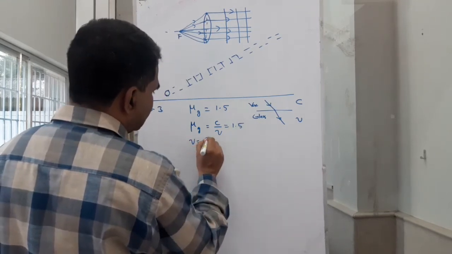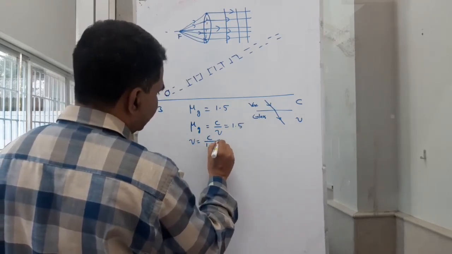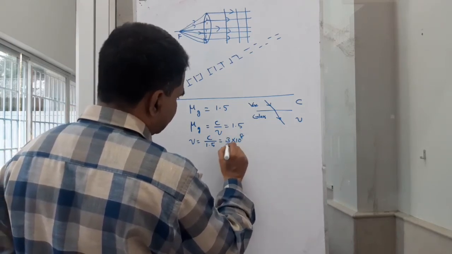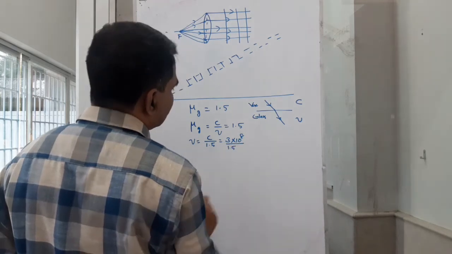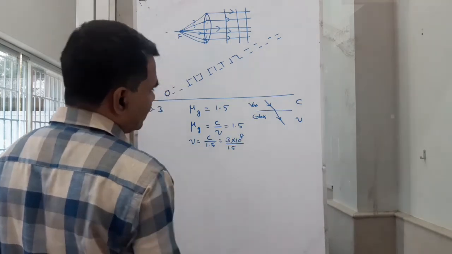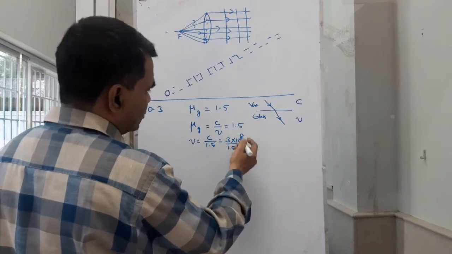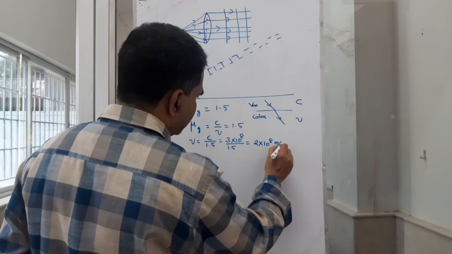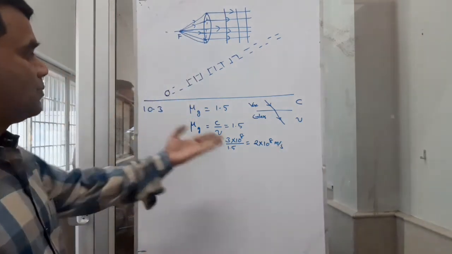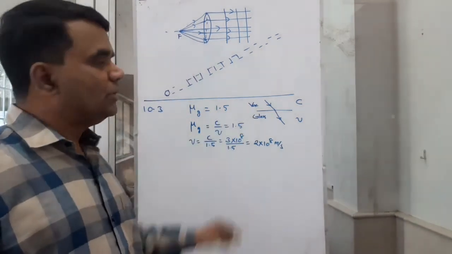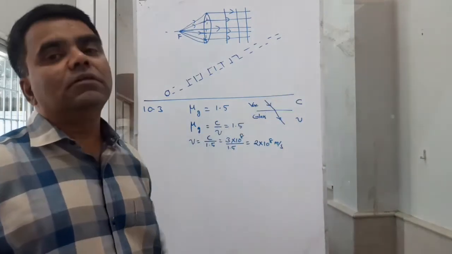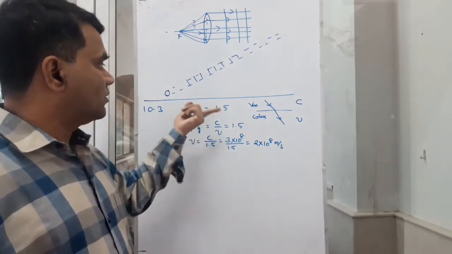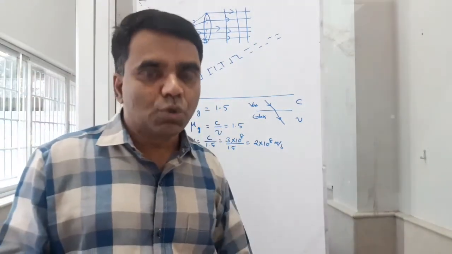So what's V? V is equal to C by 1.5. What is C? 3 into 10 power 8 meter per second divided by 1.5. So this will cancel, and you will get 2 into 10 power 8 meter per second. So that's the speed of light in glass. The speed has to be less than the speed of light in vacuum or air, because the refractive index is greater than 1.